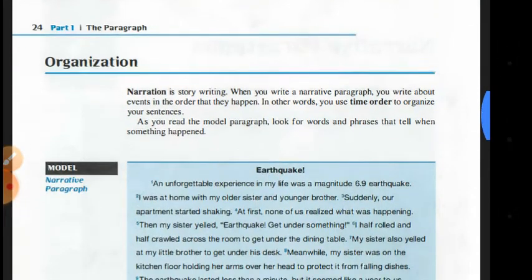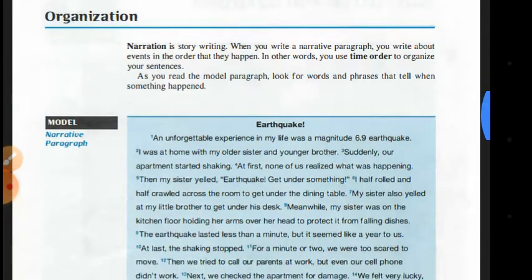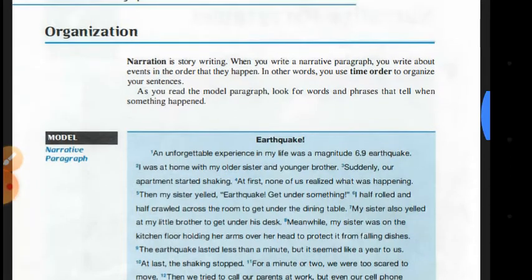Let's start. First, what is narration? ما هو السرد is telling a story. A narration is writing a story. How to write a story, that's what we mean by that. When you write a narrative paragraph, you write about events, تكتب عن أحداث.